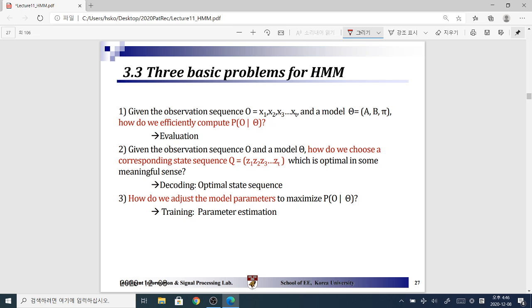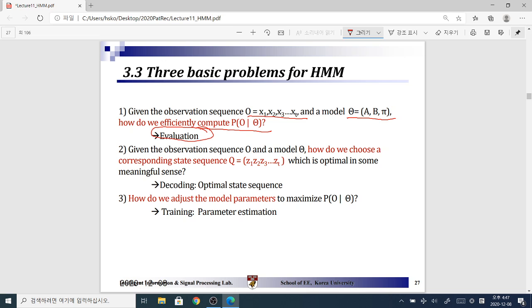So we're given a task. We were asked, what is the probability that this person goes shopping for 7 days in a row and so forth. Now that particular problem, given an HMM model of A, B, and pi and an observation sequence like this, computing the probability of this observation sequence is called evaluation.